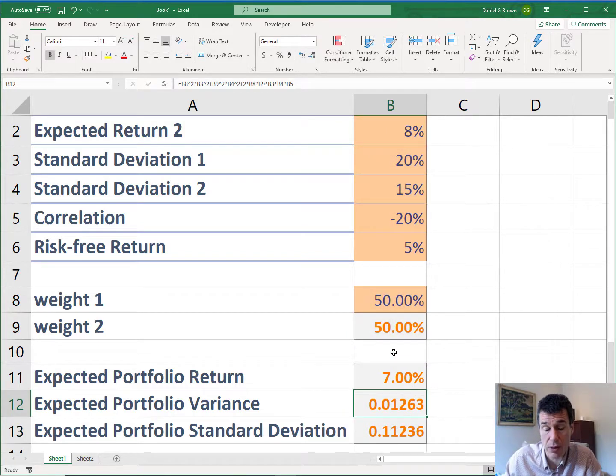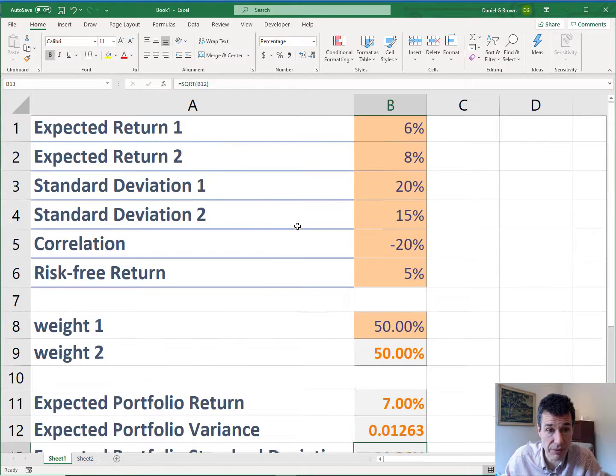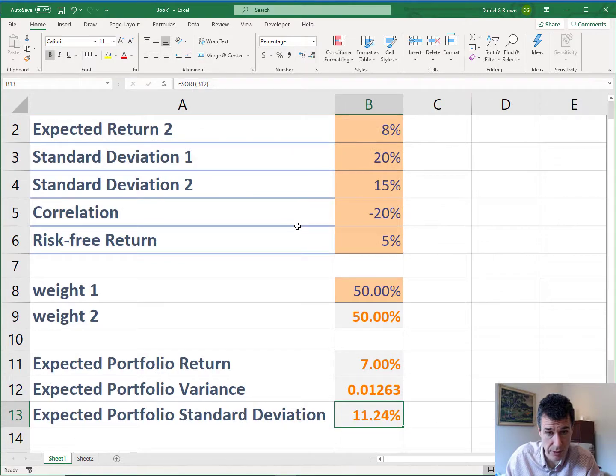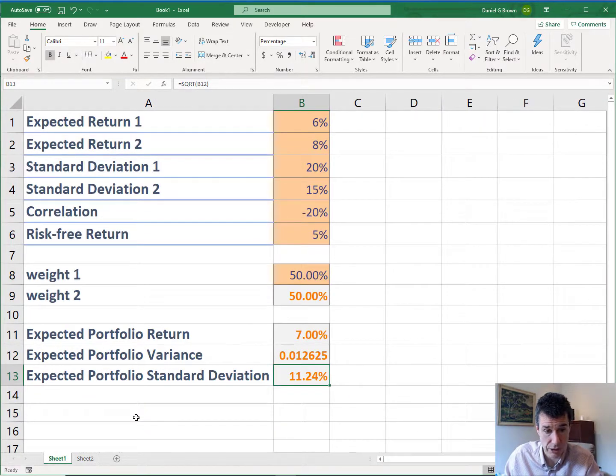So expected portfolio variance, 0.01263. Portfolio standard deviation, this should be a percentage, 11.24. Okay, so now we have enough tools, I should probably shrink this a little bit so we can see everything on the screen, to calculate our Sharpe ratio.